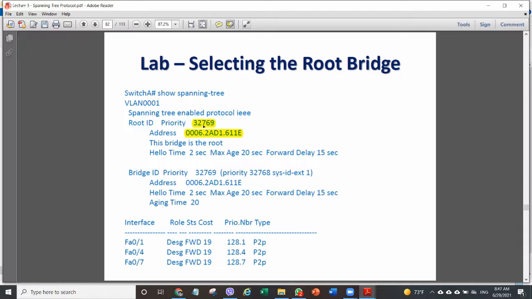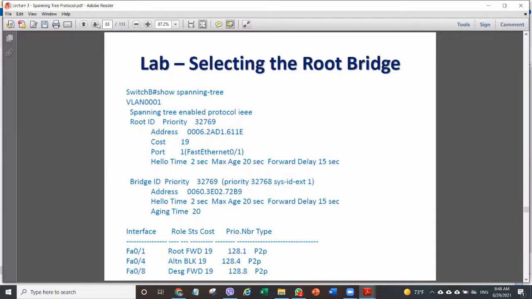At the moment you know the priority, you know the address. This particular statement, even in the switch, it is displayed: this switch is the root, right? Then in other cases, that statement is not there. Here, priority is there. Not same, no?